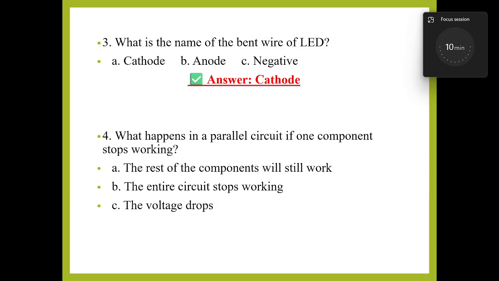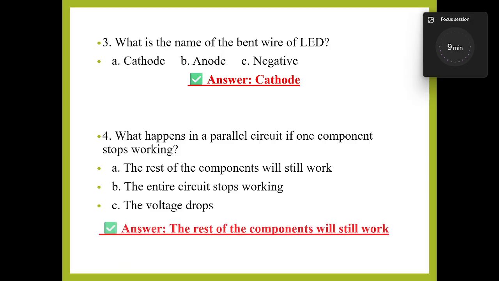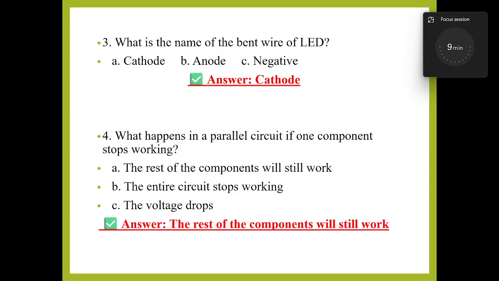Fourth question. What happens in a parallel circuit if one component stops working? In a parallel circuit, what happens? The rest of the components will still work. In case of series, it stops working, but in case of parallel, the remaining components will still work.